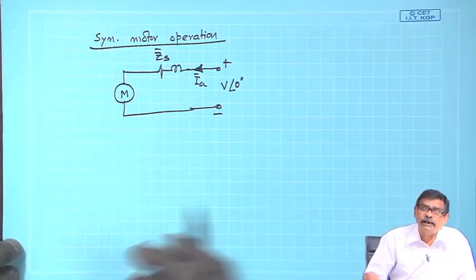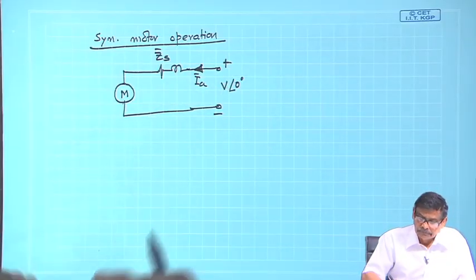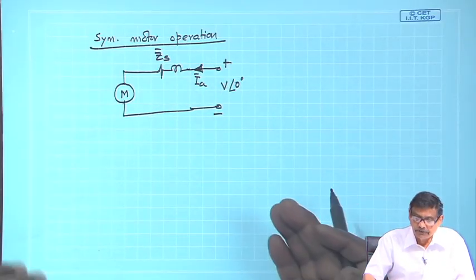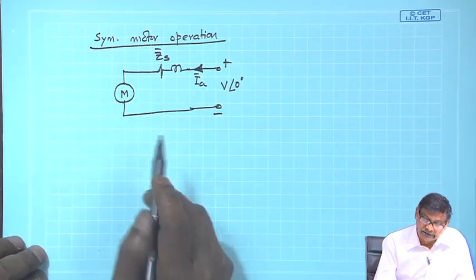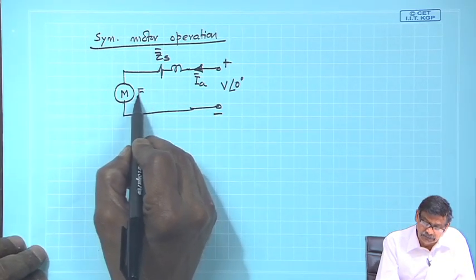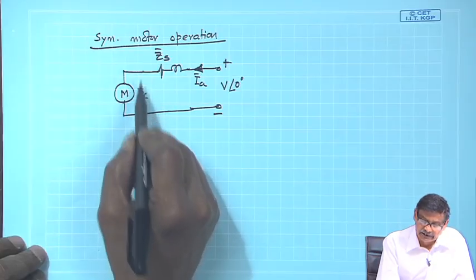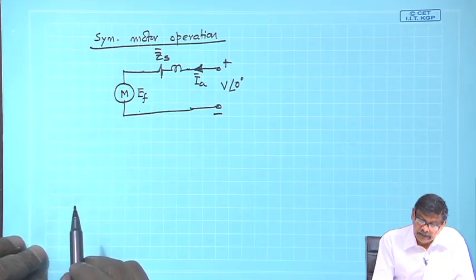So, I will assume it is consistent with the supply voltage which is supplying the motor. This voltage between these 2 points will be your E f.